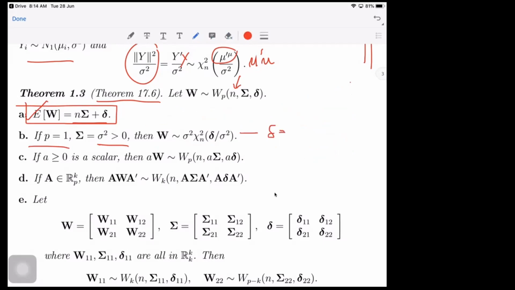And if you do some transformation on W, say multiply it by a scalar, it is still a Wishart distribution with these parameters. So n, a sigma, and a delta.